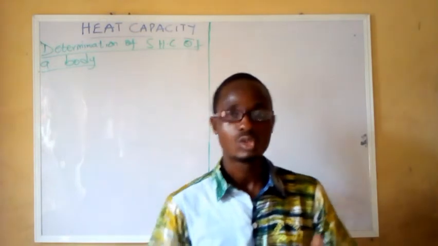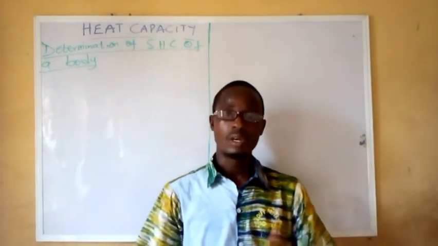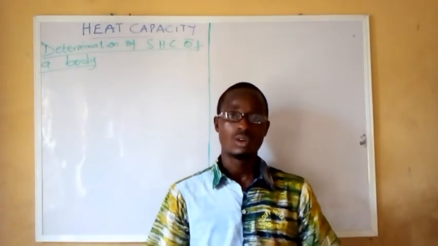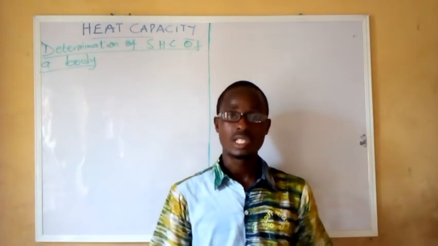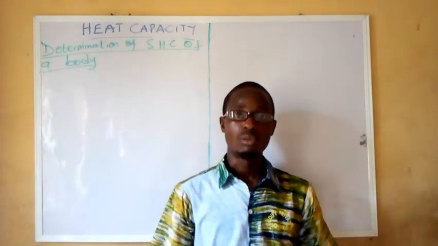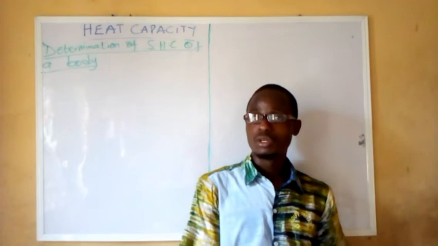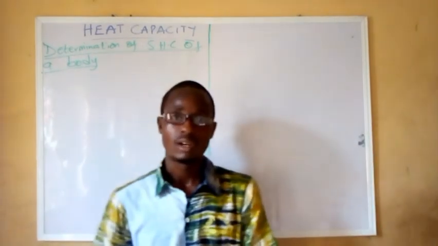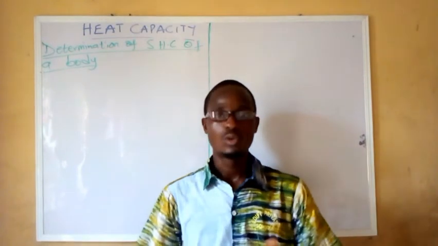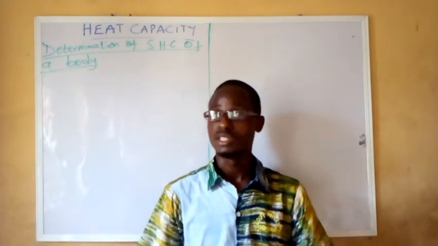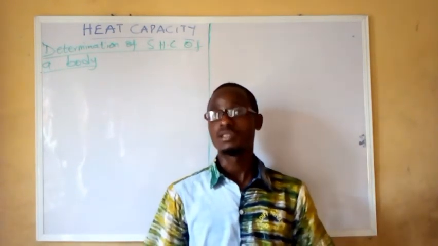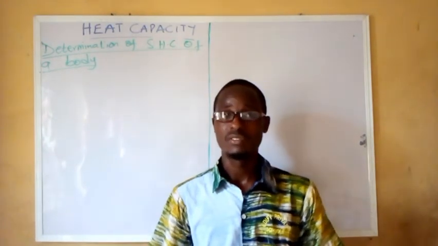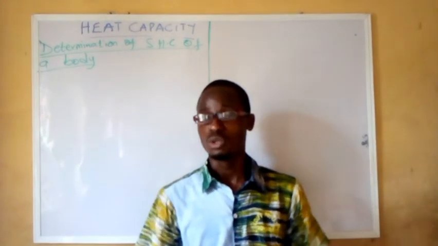We have to get two bodies involved. Out of the two bodies, we must have one of which the specific heat capacity is known and the other is demanded for. From there, we mix them together, then we work out the specific heat capacity of the unknown.